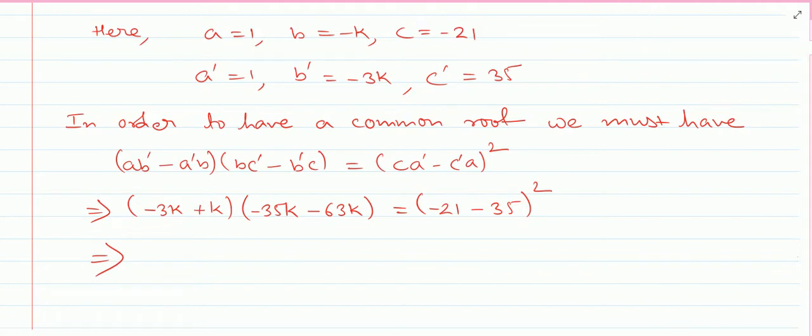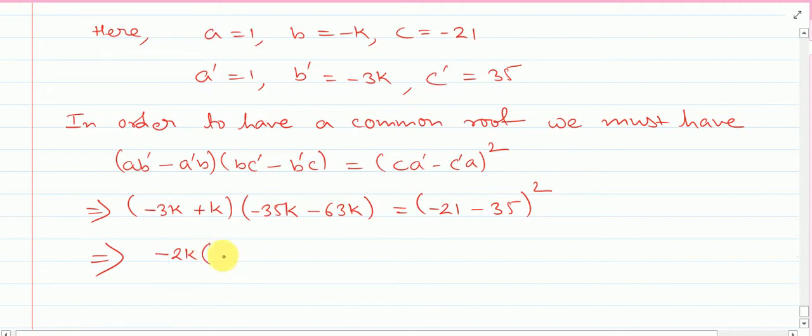Now we will simplify it. Here minus 3k and plus 1k, so we'll get minus 2k. Here minus 35k and minus 63k, so we have to add, and we'll get minus 98k. Here minus 21 and minus 35, so we get minus 56 whole square.